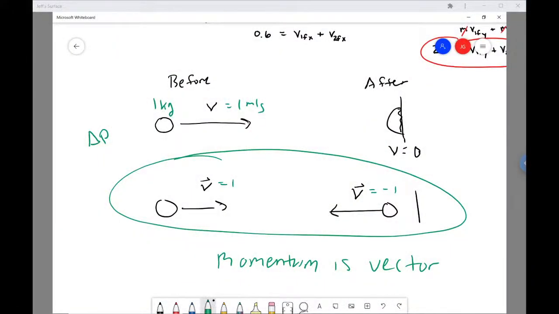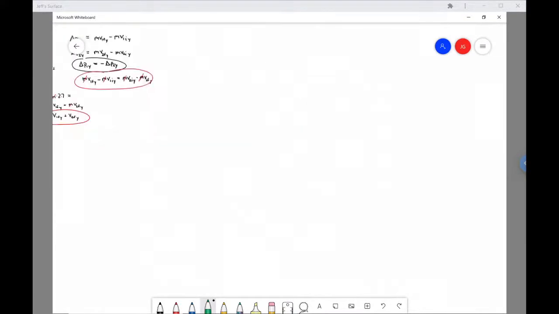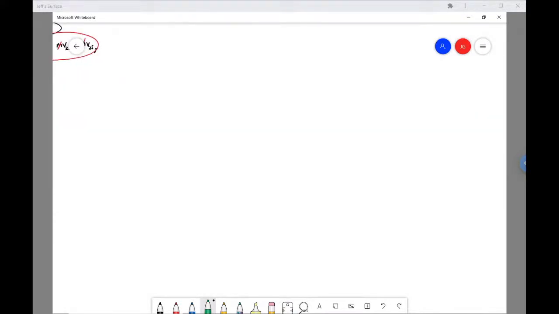Let's write out these expressions, okay? Impulse is a change in momentum, and we can write that as F delta t.